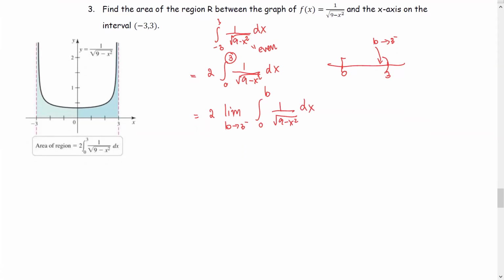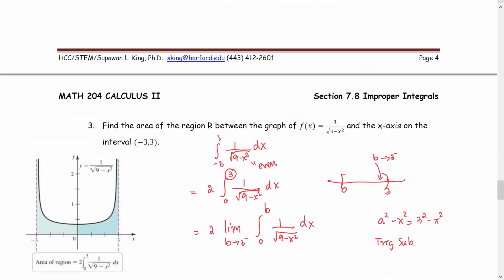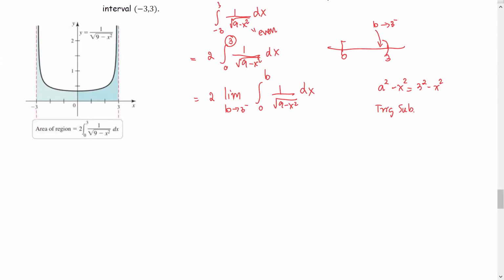In this integration, we see the pattern of a number squared minus the variable squared, which is 3 squared minus x squared in our case. We're going to use the trig sub technique and draw the right triangle diagram with angle theta.